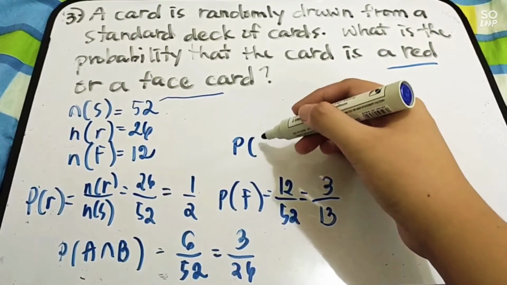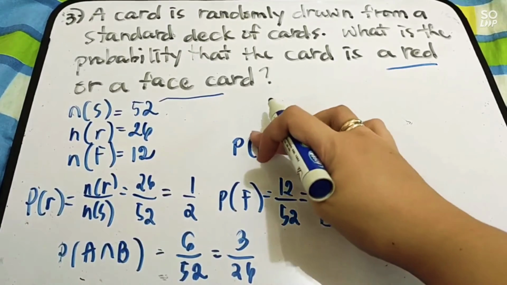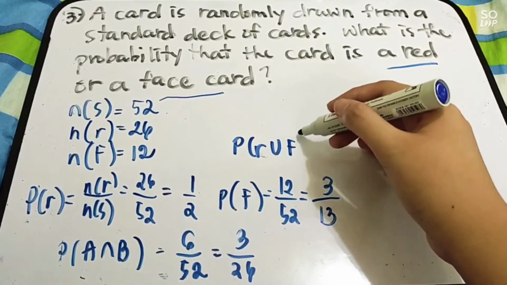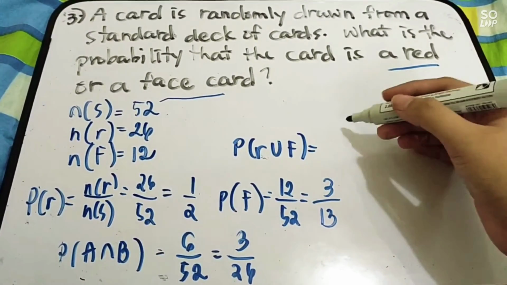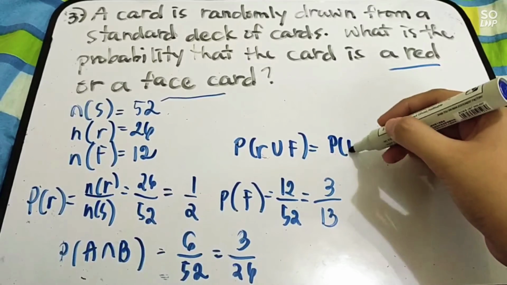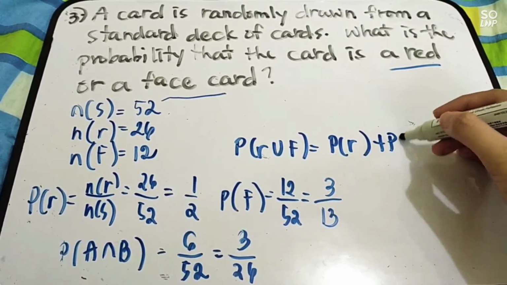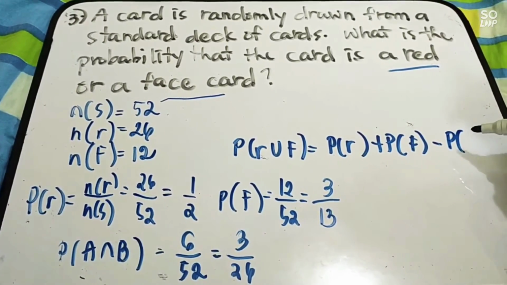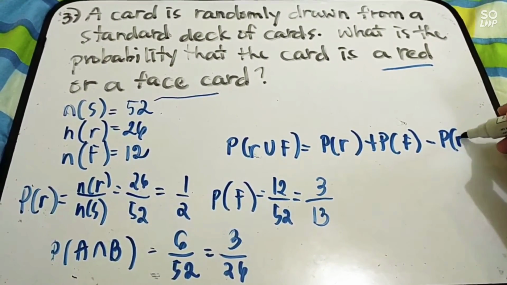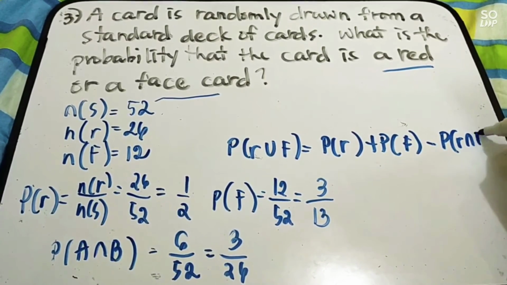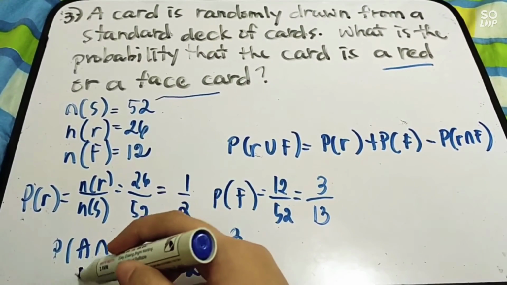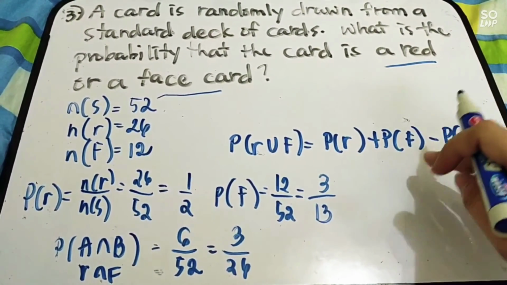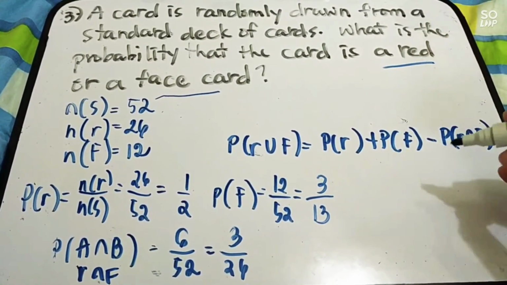Now, let us have this one. P of R, red, union natin by the face card. So, it is equal to probability of the red cards plus the probability of the face cards minus the probability of R intersect F. Para hindi lang ako malito, lagyan natin siya ng mga letters na kaugnay dun sa ating question.